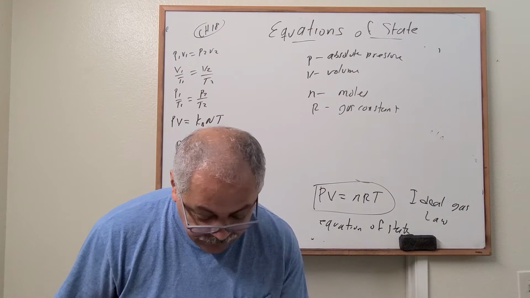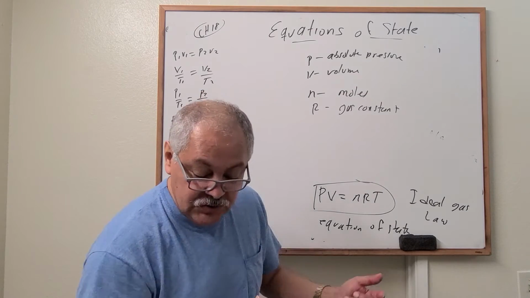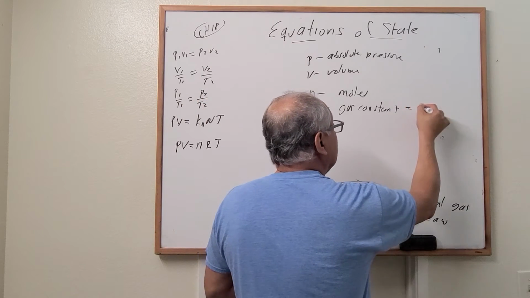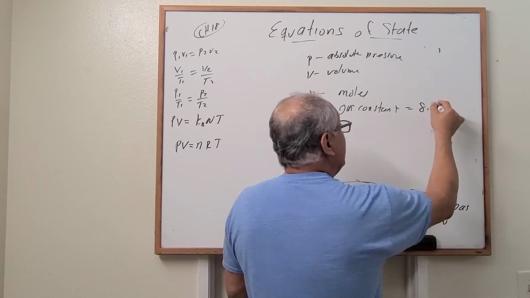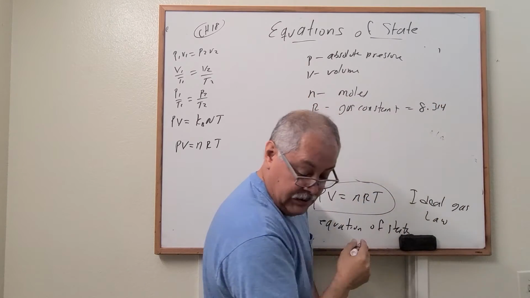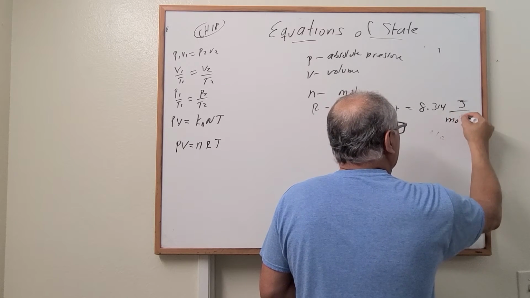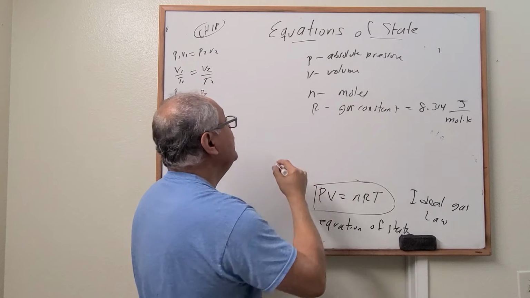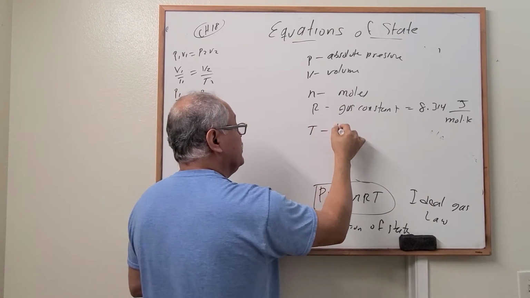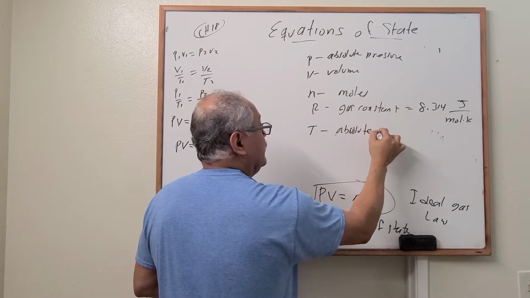It has different values, but let's use this one: 8.314 joules per mole per Kelvin. And T is absolute temperature.